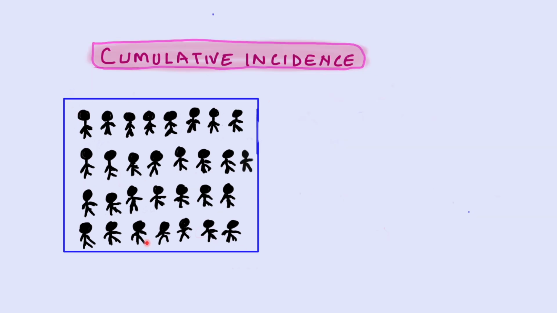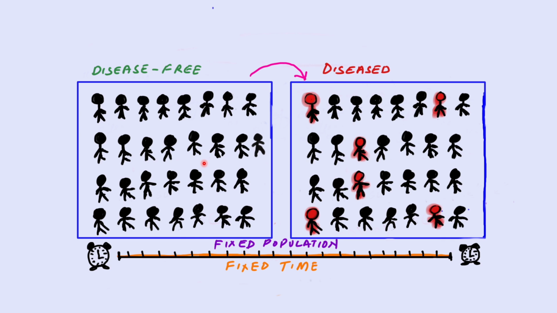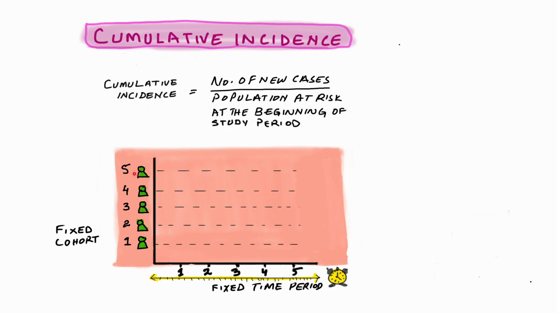Cumulative incidence is typically used when the cohort being followed is fixed and all participants can be followed throughout the study period. Let's look at another example. Suppose we have five individuals admitted to a surgical ward for the treatment of fractures.